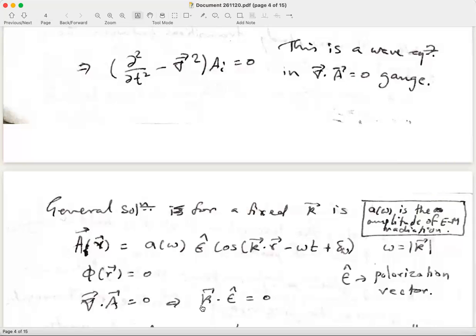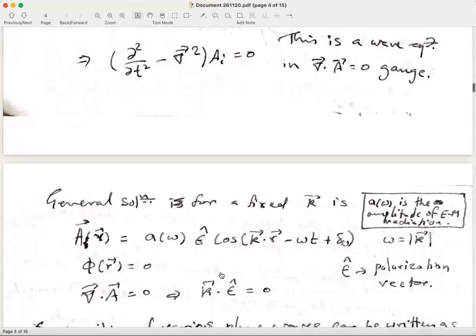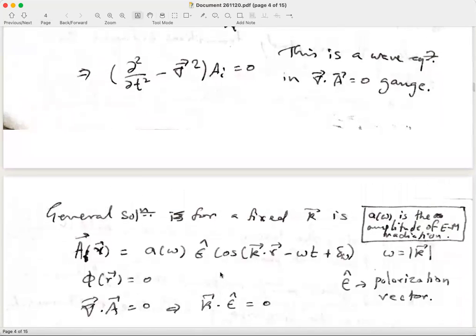This statement tells you that in three-dimensional space, if k is a momentum vector, then epsilon, the polarization vector, lives in a plane perpendicular to the momentum vector, because if epsilon is perpendicular to k, then its dot product would vanish. So in three space dimensions, you have only two linearly independent vectors that you could write down, and that is the reason why we say that the electromagnetic wave has two polarizations.